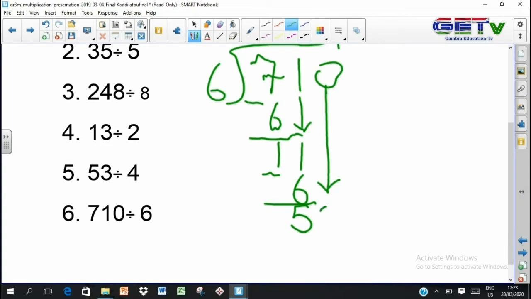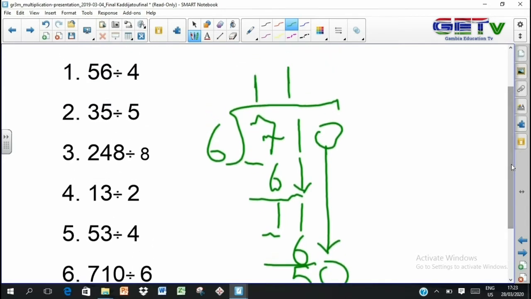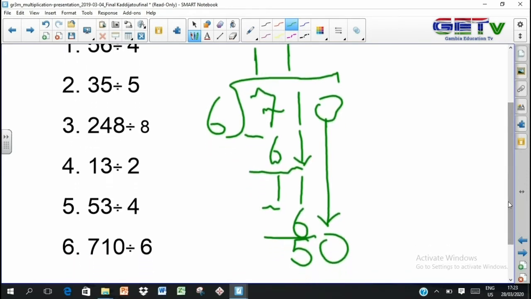Let's bring the 0 down. 6 into 50, that is 8 times.